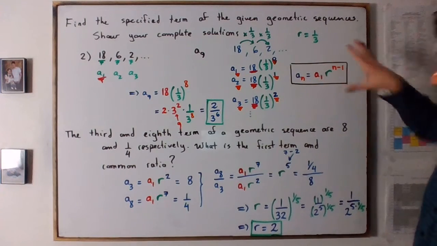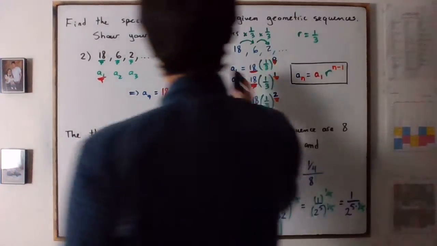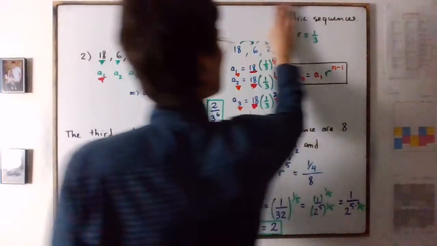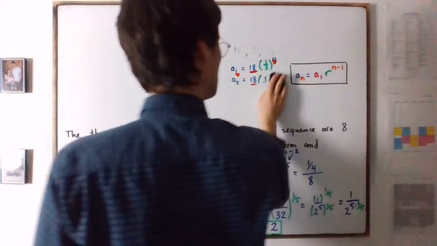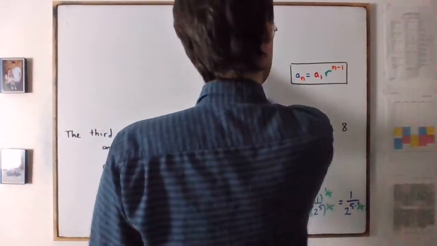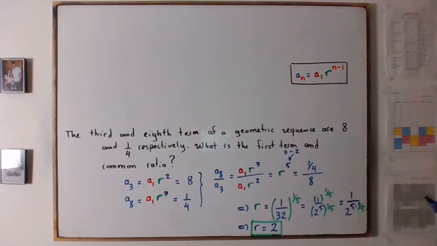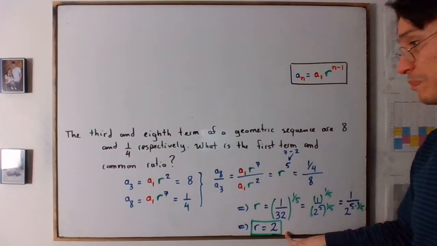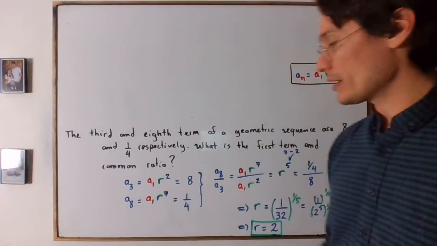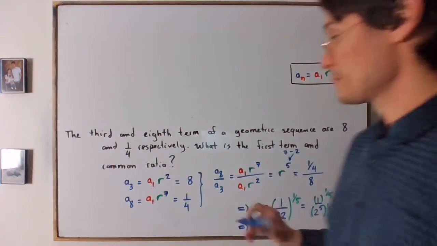Okay, so now I will erase this thing. Now that we have that r is equal to 2, it remains to find the a1. Well, we're going to choose, let's say, a3, because it's the easiest to compute.